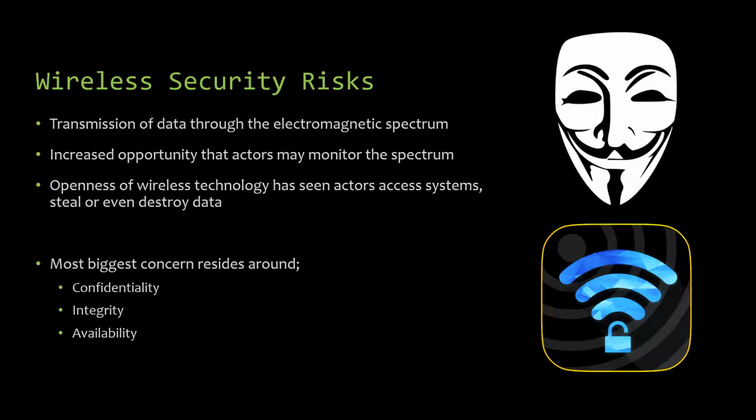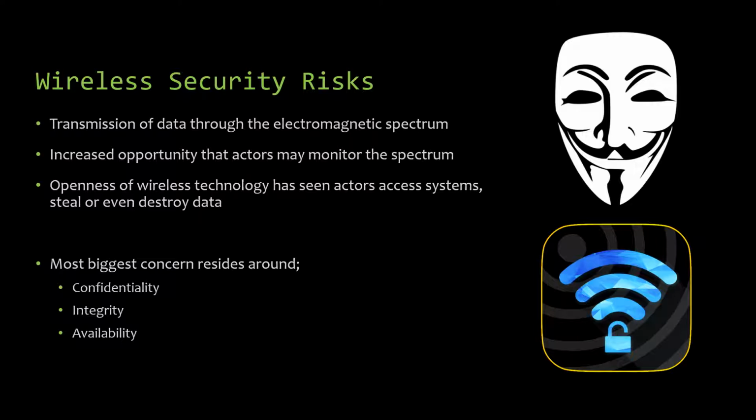So now we move on to some of the risks, and obviously if we have devices in our home, in our workplace, and for business or personal reasons, then there's obviously some wireless security risks associated with that. And we should really be considering the type of information that we are sending over these networks. And obviously these particular transmissions open themselves up to the opportunity of actors that might be monitoring the spectrum.